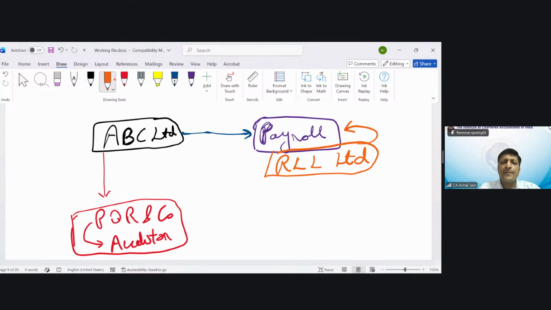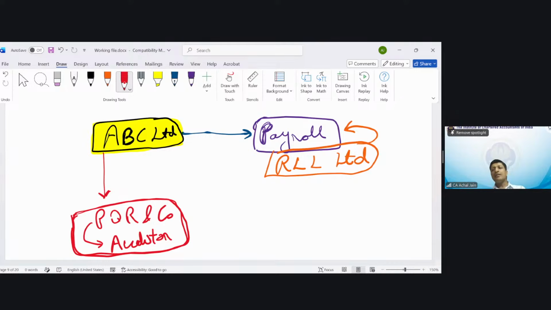Now let's go back to the audit of ABC Limited. Now we are looking at ABC. And for the auditor of ABC, understanding of the process, risk assessment, identification of the risk, understanding of the controls in relation to those risks.